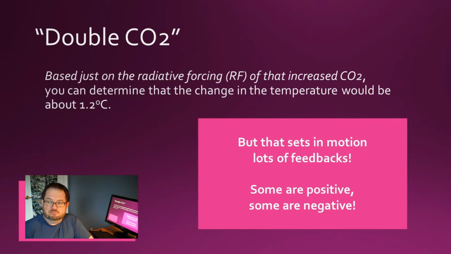Sure, things like the weathering thermostat will try to shift the climate back towards its long-term average on the order of millions of years. On the other hand, there are these fast feedbacks like water vapor that are going to be amplifying this radiative forcing.